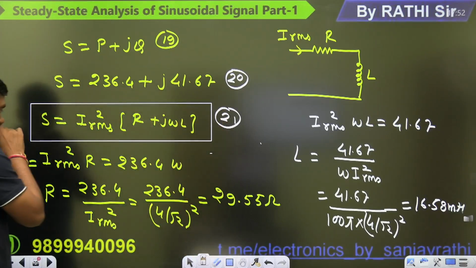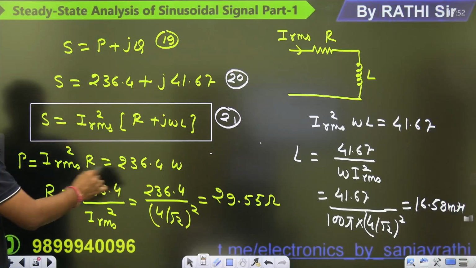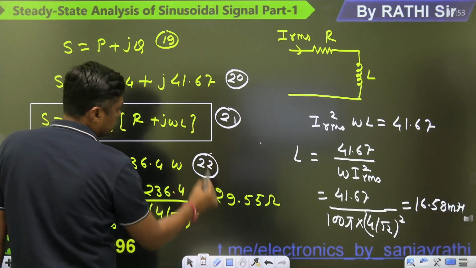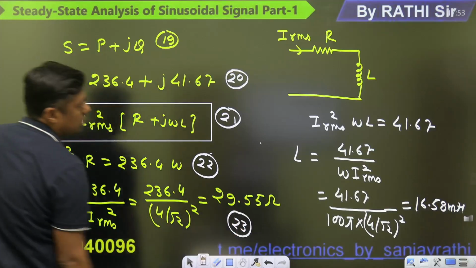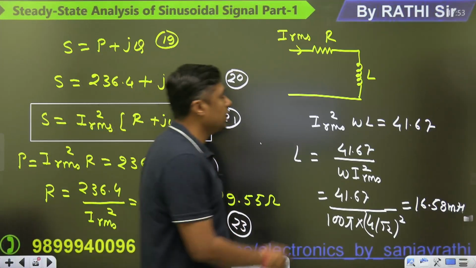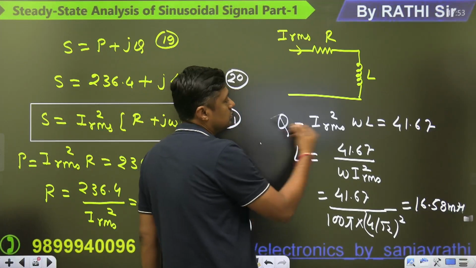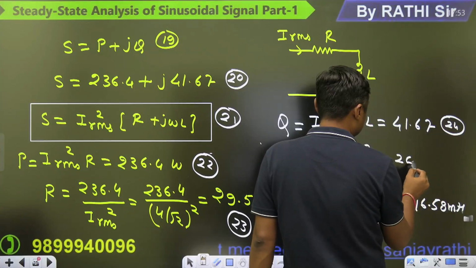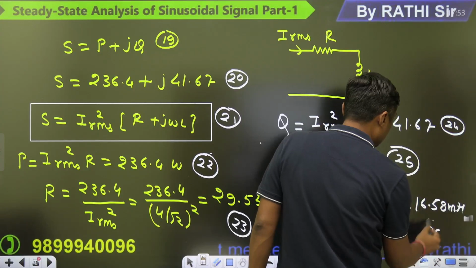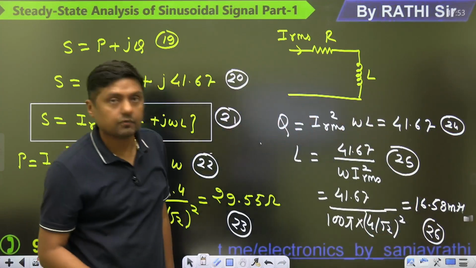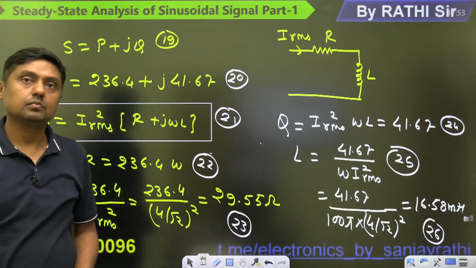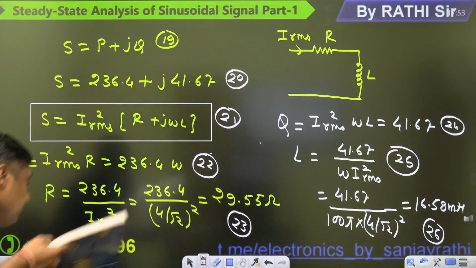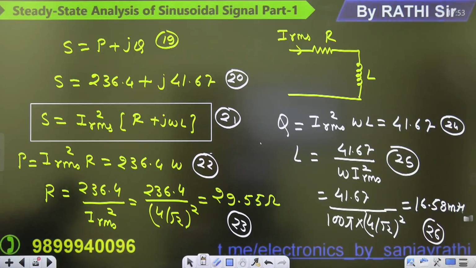We are finding the value of R. This is the P. We are equating it and just find the value of R. And then I RMS square omega L, that is nothing but Q. And we are comparing. We are getting the value of inductor, very, very low value. Tell me up to this point any doubt, okay, otherwise.